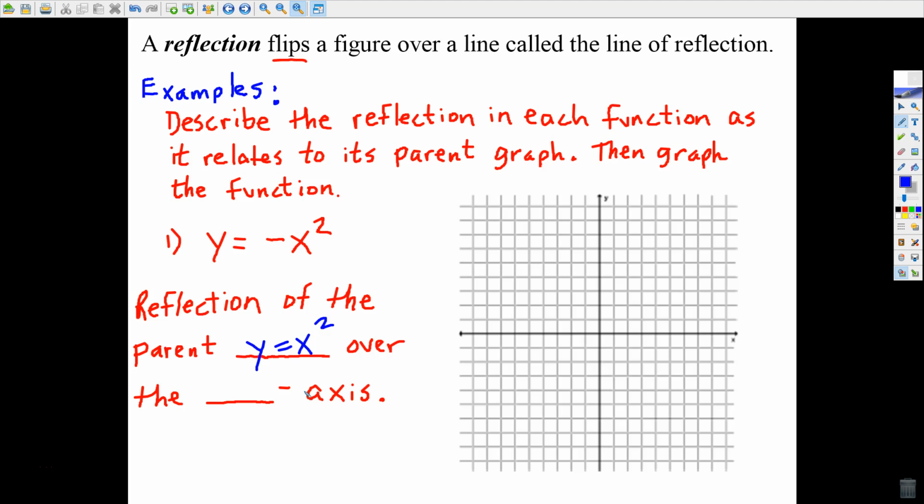It's either got to be y equals x, y equals the absolute value of x, or y equals x squared. Those are the only 3 parents you're dealing with in this lesson. So we've identified the parent, and since it's not involved inside parentheses, that means I've got to have a vertical flip, and that is going to be over the x-axis.